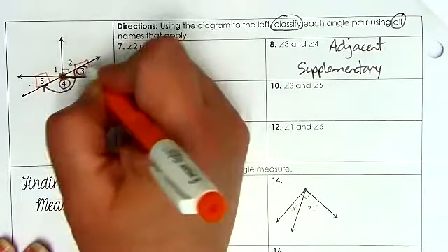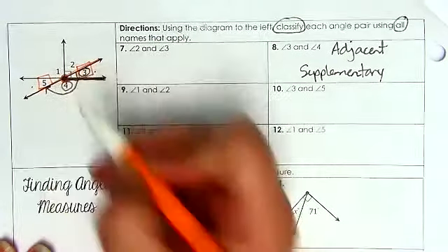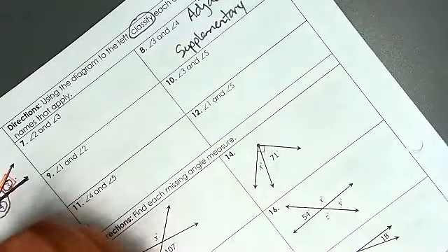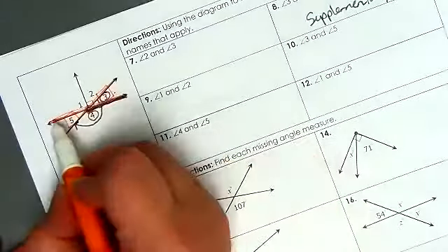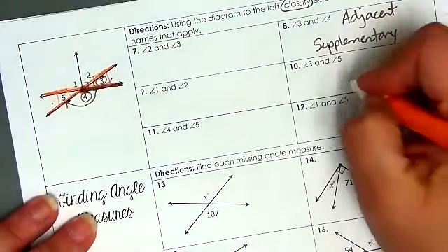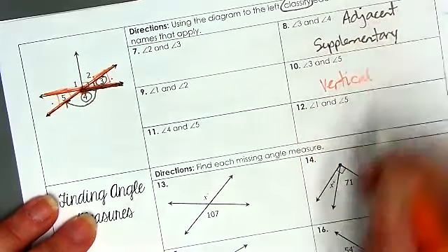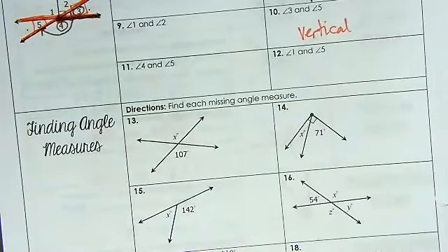They're across from one another because they share this line and they share this line here. Oh, I went out of the picture. They share this line and they share this line. This is where having different colors can be helpful. Okay, so these are vertical angles. All right, moving right along.